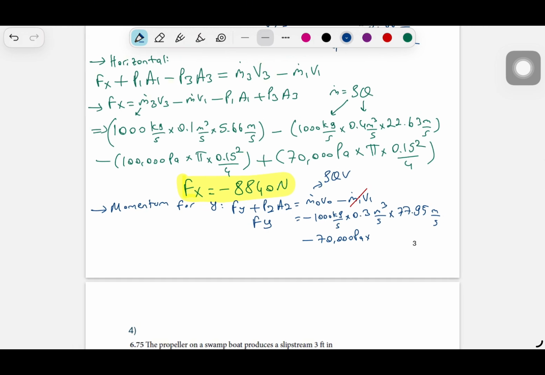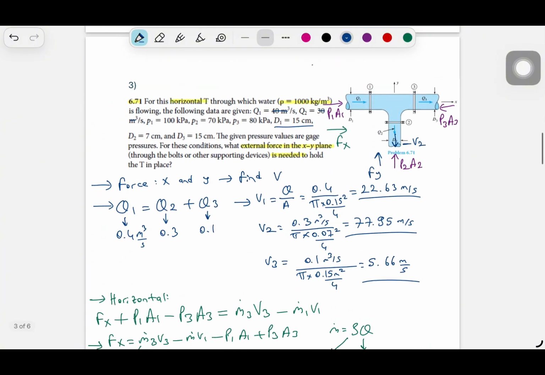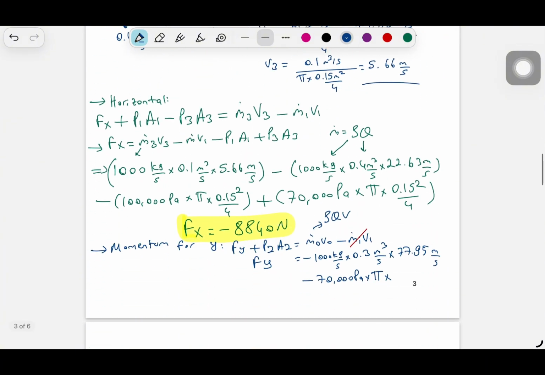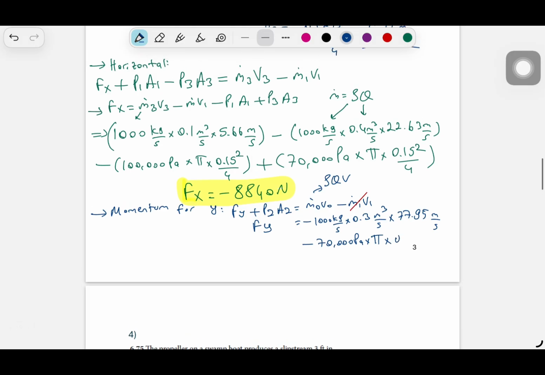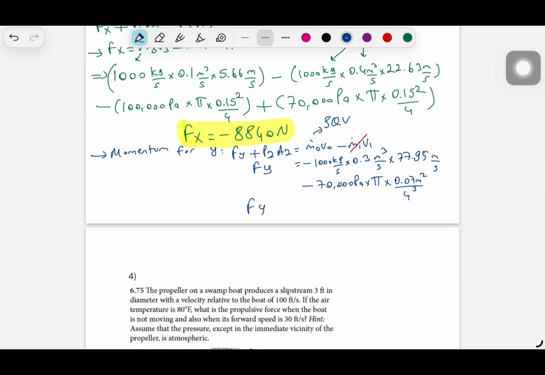Sorry, area, because this is P2 A2. So we will have pi times D2, which is 0.07 meters squared over 4. And from here, Fy is equal to minus 23.7 kilonewton.